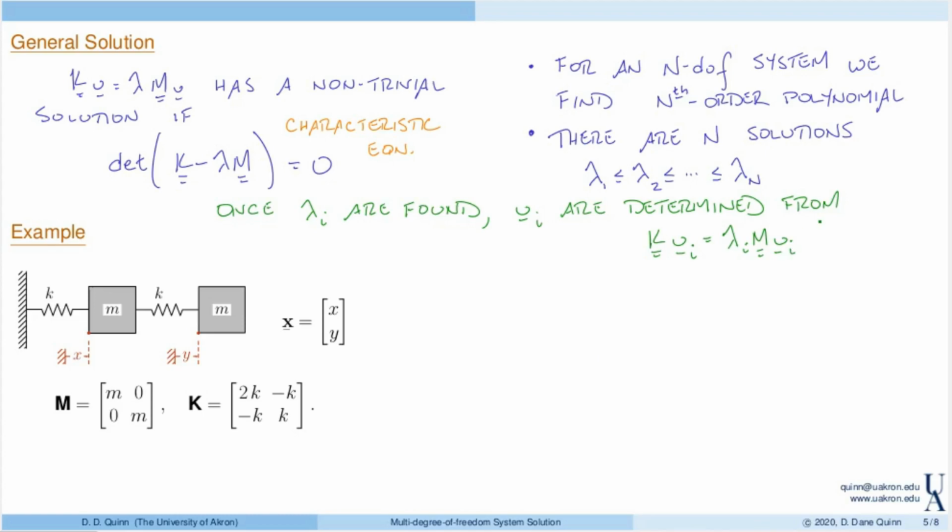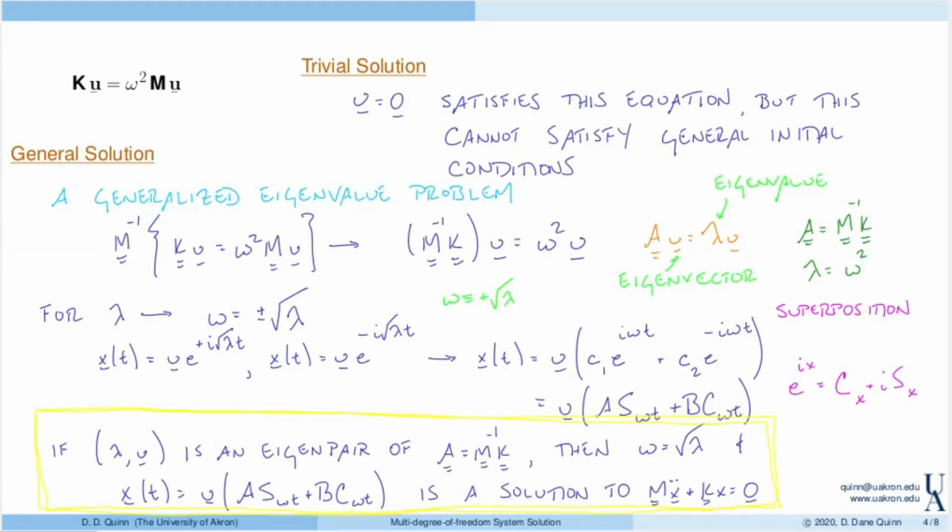So this is how we solve these multi-degree of freedom systems. We form the eigenvalue problem. We determine the characteristic equation, right, from the determinant of this matrix. And then we go and solve. Once we've solved for the lambdas, we go back and solve for the eigenvectors. This all works out if you use any of the different forms of the eigenvalue problem.